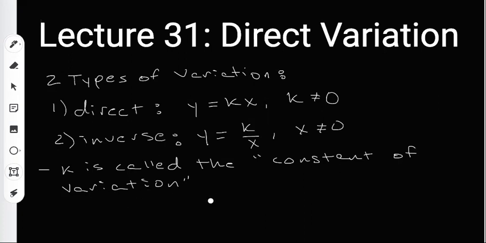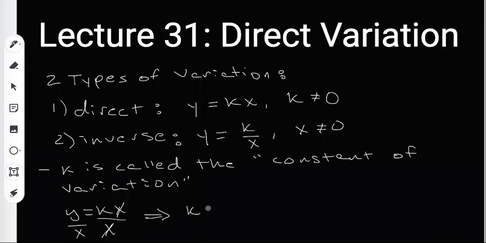Now, when we're talking about direct variation, we have y equals kx. What we can do with that is divide both sides by x. When I divide both sides by x, they cancel out on the right side, and the x shows up on the left side.